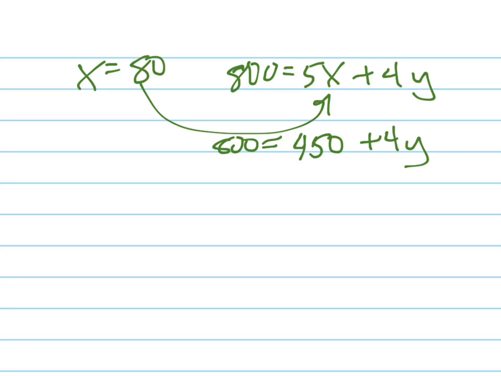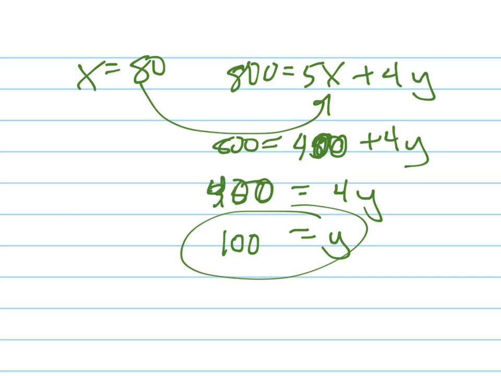Subtract 450 from both sides. That's 350 equals 4y. Am I doing this right? Yeah, no, it's not 450, that's 400. Don't be an idiot like I am. So this is 400, which is nicer because those are nice round numbers. Divide both sides by 4, I get 100.